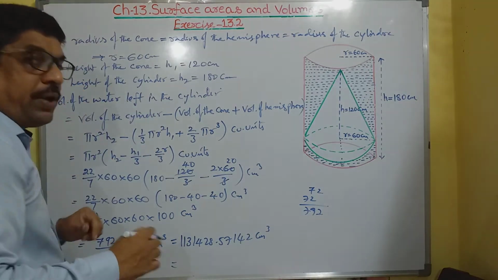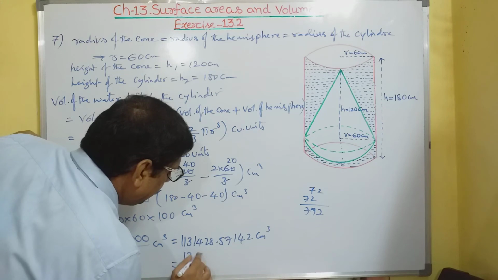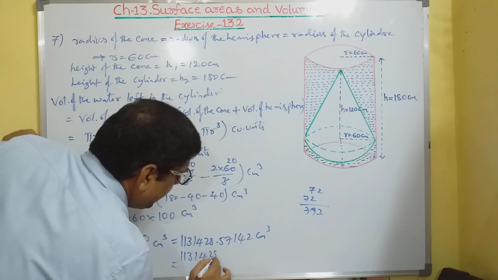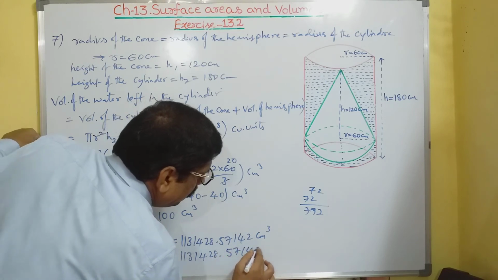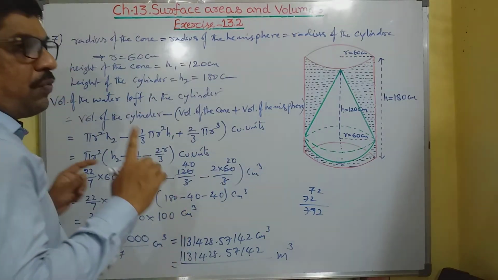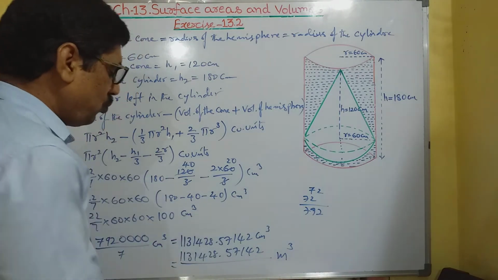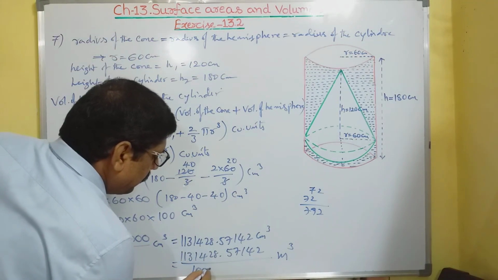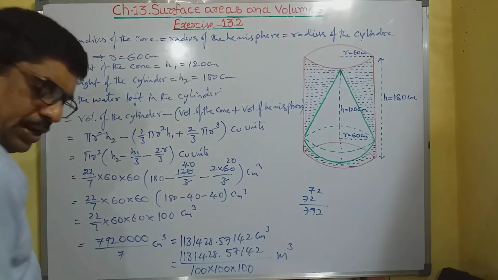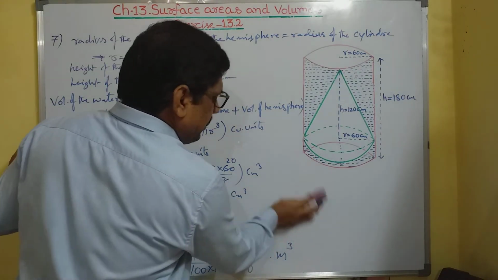In order to find the value in meter cube, we need to divide by what number? Can you guess? 1131428.57142 is in centimeter cube. If you want to convert into meter cube, for 1 meter there are 100 centimeters, but for meter cube we need to divide by 100 into 100 into 100, which is 10 lakhs, 6 zeros.